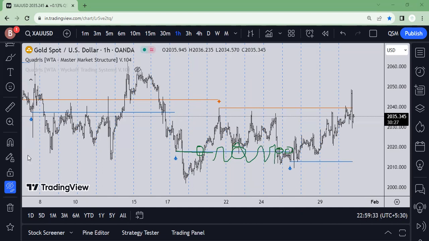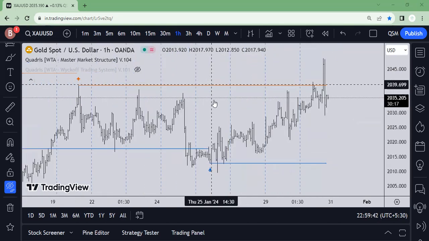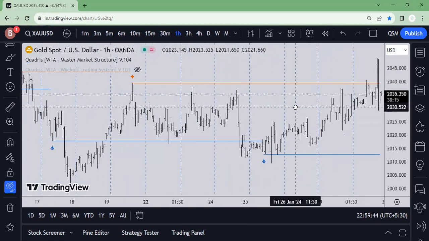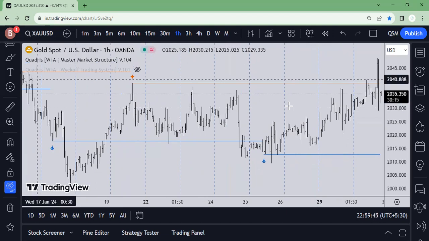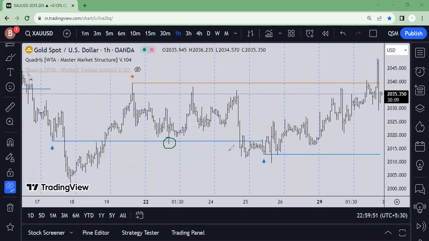That doesn't make any sense. So based on my studies and my observation, I developed this tool so that whenever the price reaches it, there are three things which will happen.